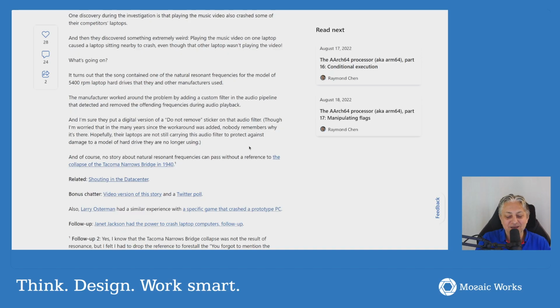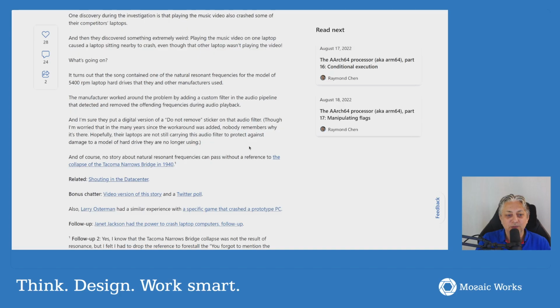I like this bug. It's a very fun bug. So music can crash PCs. Now, no longer the case because we are using SSD drives and they don't have any mechanical parts. They are not things that are moving.